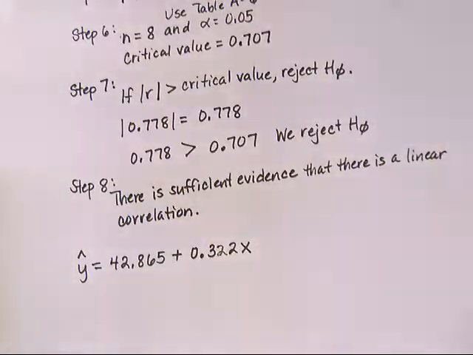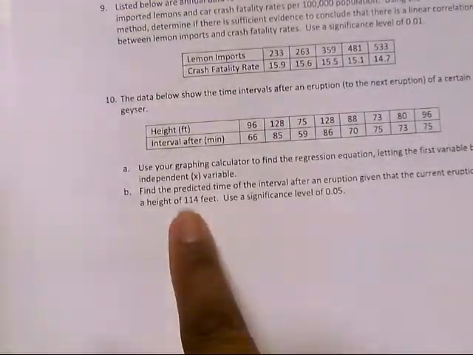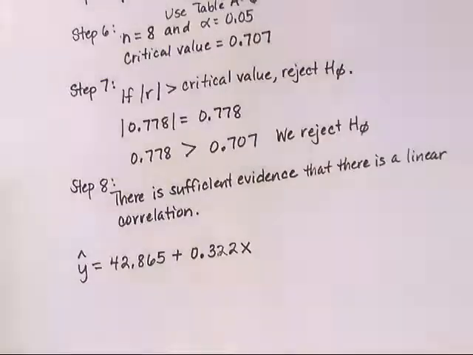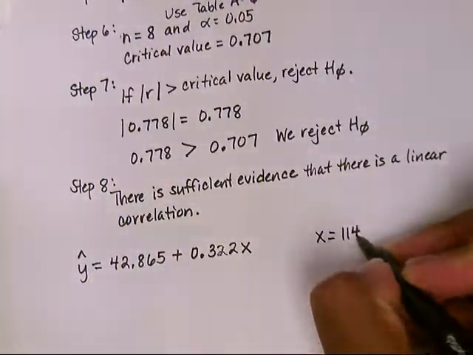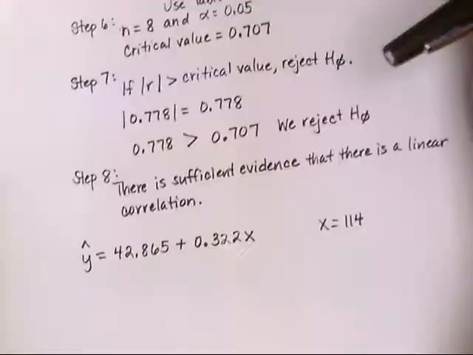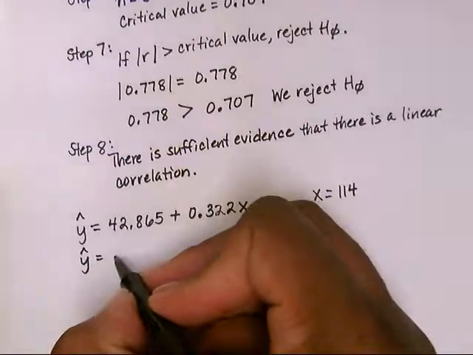Now, in the problem, we're told that the current eruption has a height of 114 feet. So that's our x value. X is 114. So we substitute the x in with 114 into this regression equation.